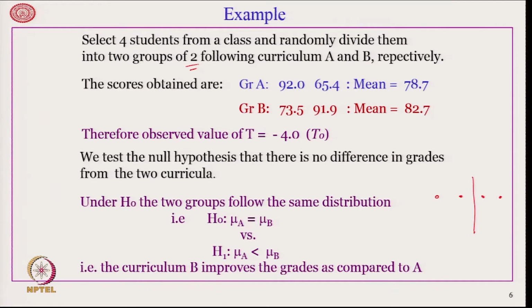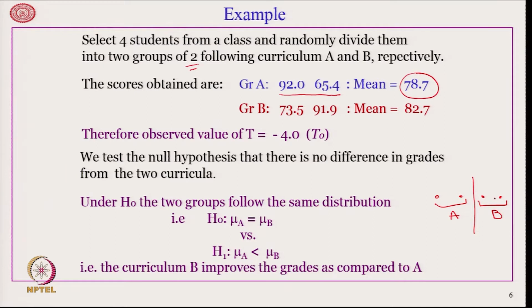Suppose we could divide it like that, and suppose these 2 are following curriculum A and these 2 are following curriculum B. Now, the average that we got is for group A, since individual scores are 92 and 65.4, the average coming out to be 78.7.